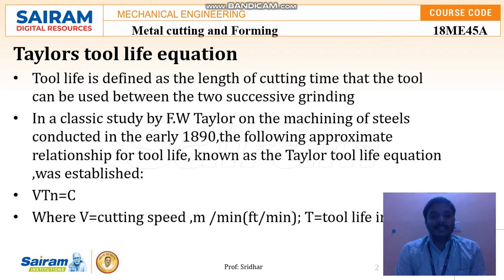In a classic study, F.W. Taylor conducted research on the machining of steels in the early 1900s. The following approximate relation for the tool life was established as Taylor's tool life equation: V T^n = C, where V is the cutting speed, T is the tool life, and C is a machining constant.